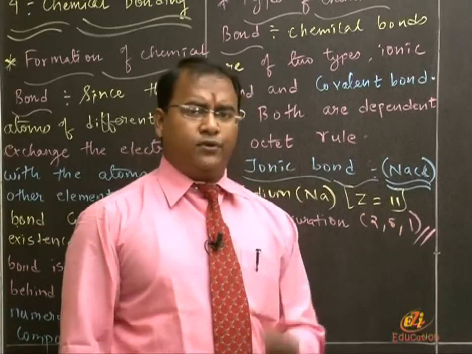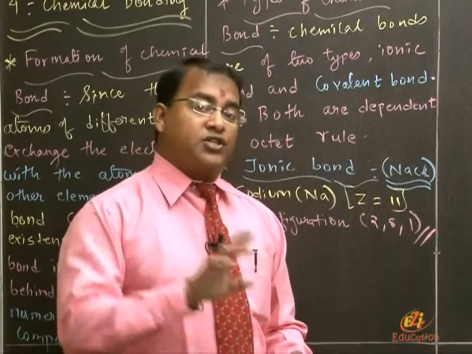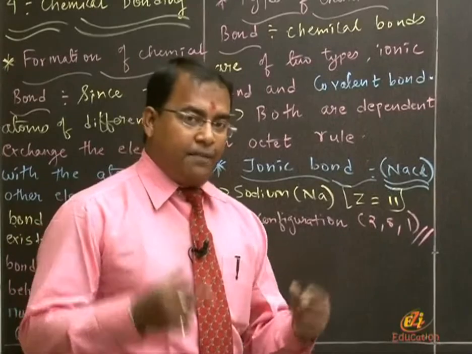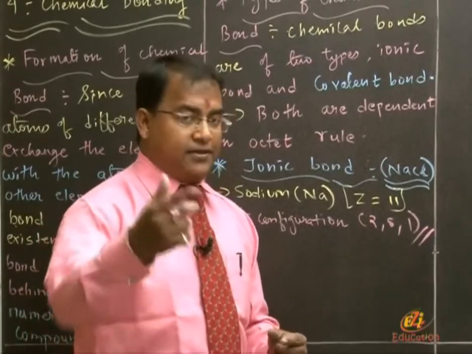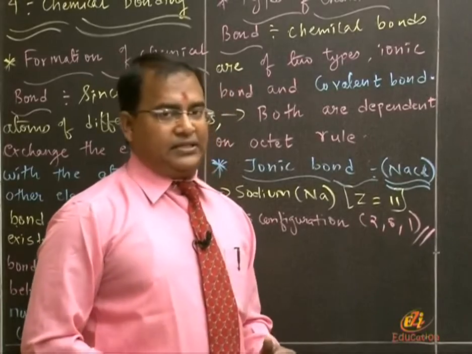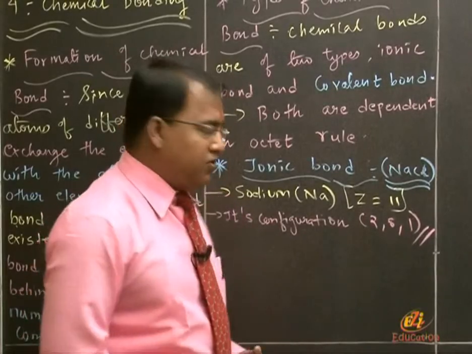Now this 1 electron will be the hindrance in becoming stable. So what sodium atom will do, it will try to escape that 1 electron by losing it. It loses that 1 electron and forms Na plus, Na positive ion, because it is losing.